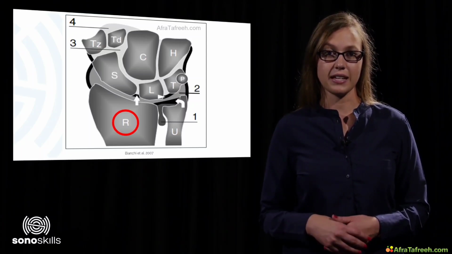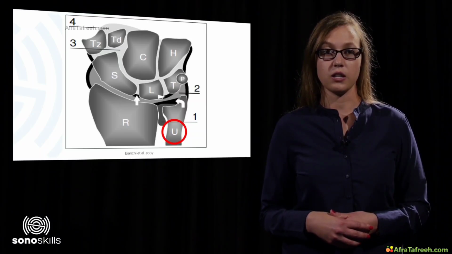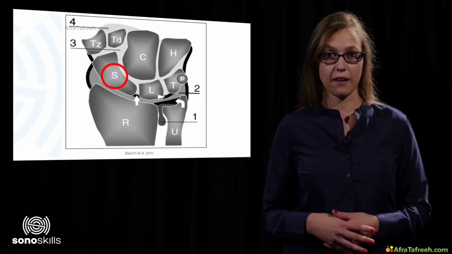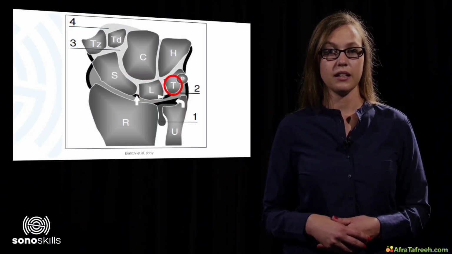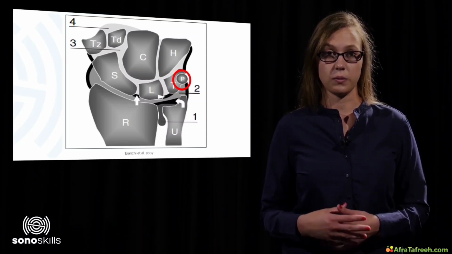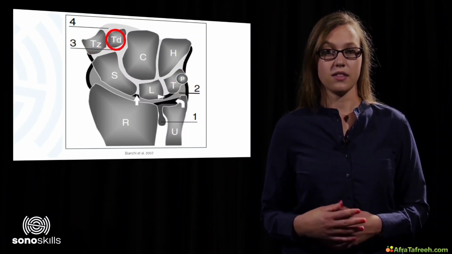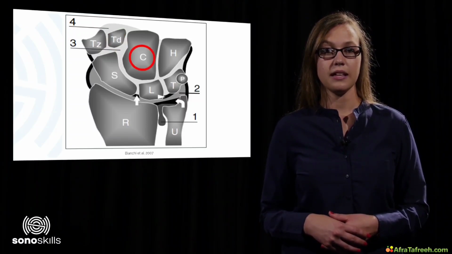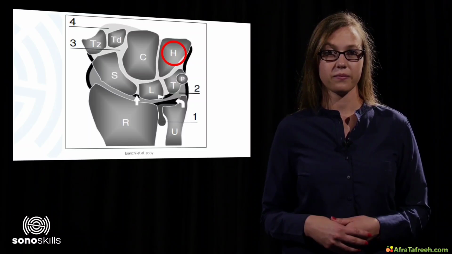Distal to the radius and ulna, the proximal row of carpal bones includes the scaphoid, the lunate, the triquetrum, and pisiform, whereas the distal row is formed by the trapezium, the trapezoid, the capitate, and hamate.